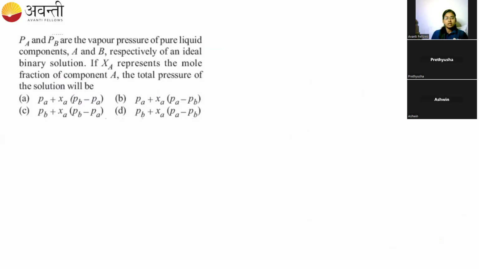PA and PB are the vapor pressure of pure liquid components A and B respectively for an ideal binary solution. If XA represents the mole fraction of component A, what is the total pressure of the solution? So I'll give you 30 seconds to 1 minute to solve this question.